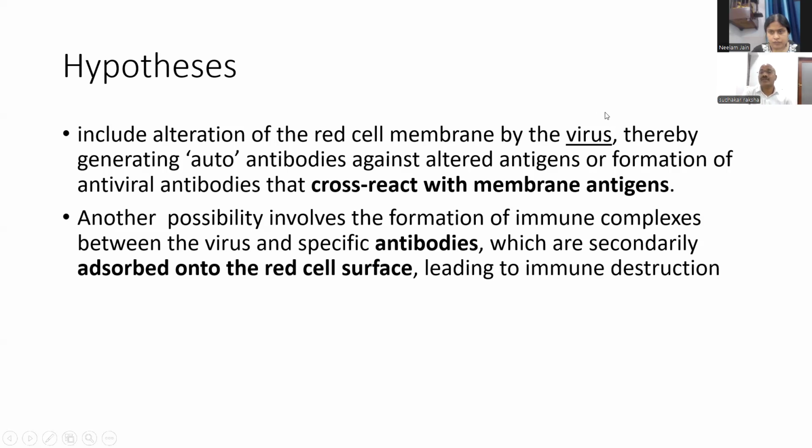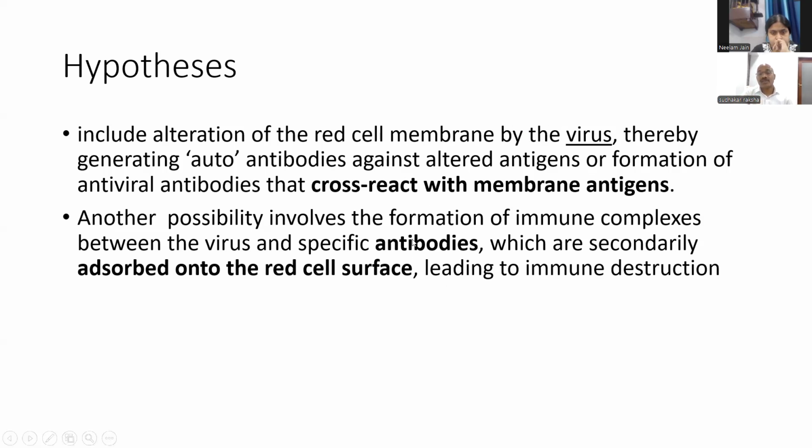So in an Evans syndrome patient, if there is some viral infection, the antibodies which are produced towards the virus will cross-react with the antigens present on the red cell surface, and they will cause lysis of the red cells. So that is autoimmune hemolytic anemia.